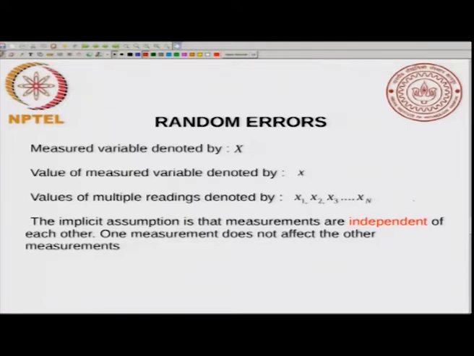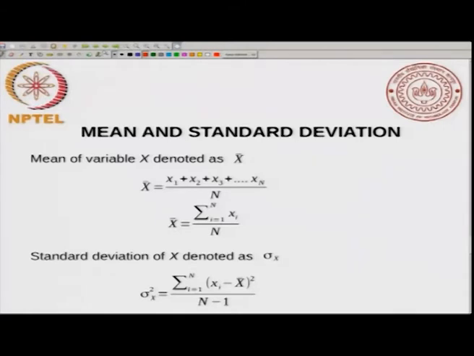The implicit assumption in all that we are doing is that the different measurements are independent of each other. In other words, one measurement does not affect the value of the other measurements. When you do a titration the second time, the value you got from the first titration does not affect what happens in the next titration.